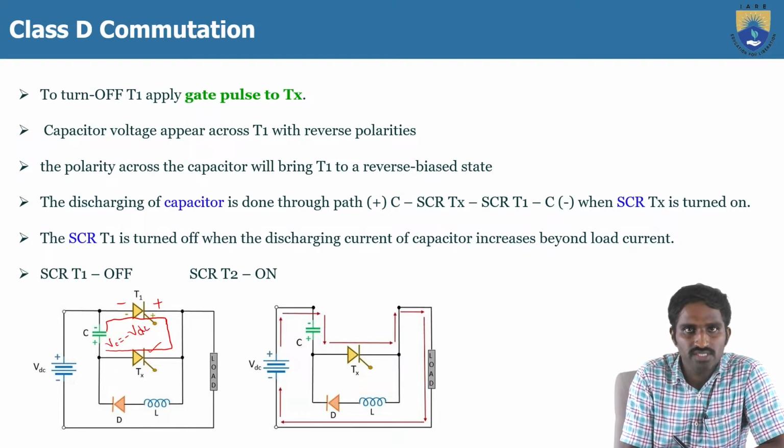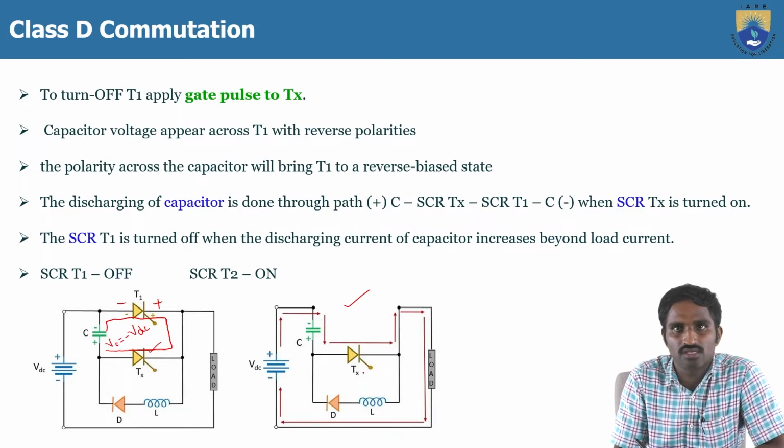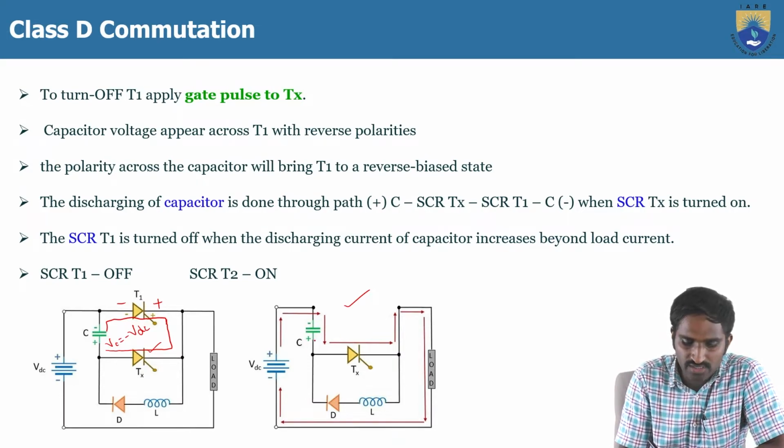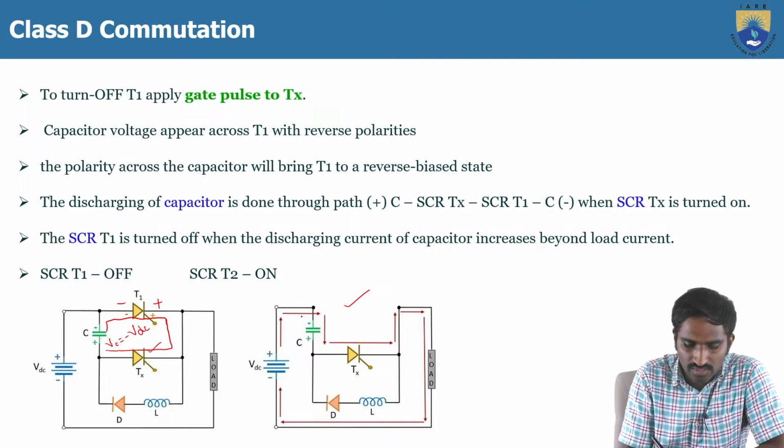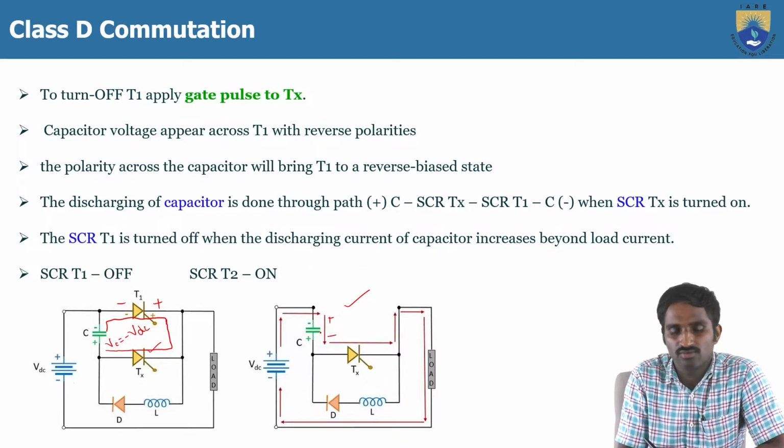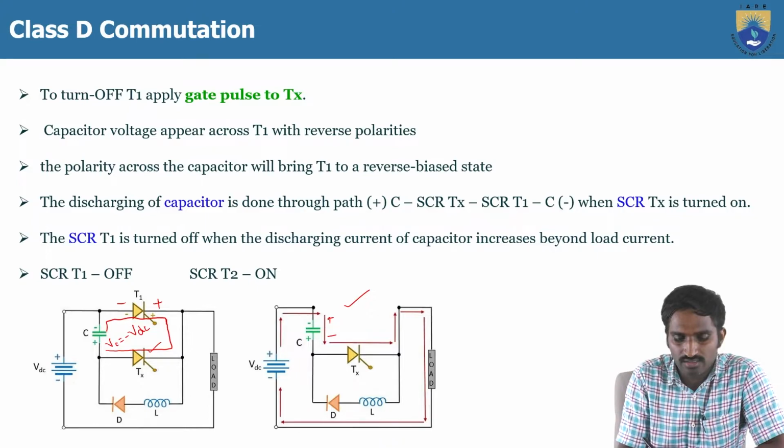In this case thyristor T1 is off, and thyristor T2 is turned on, so that when the capacitor is fully discharged, it will again charge in the reverse direction. Once it is fully discharged, the terminals have changed, and it will charge with the reverse polarities, which means the upper plate is positive and the lower plate is negative.